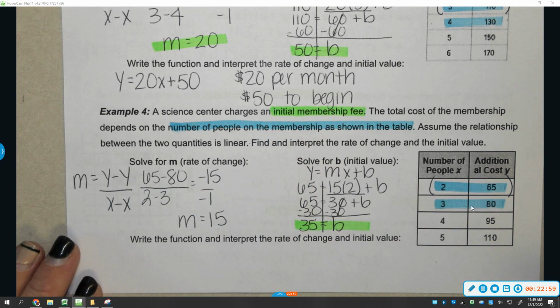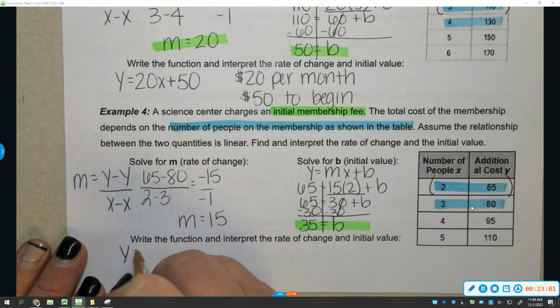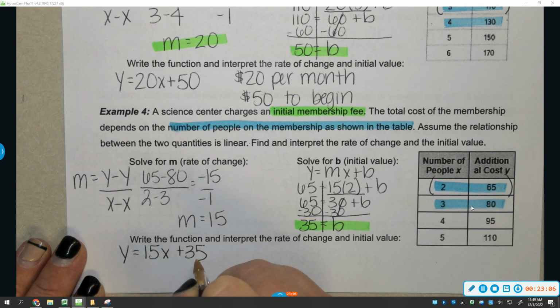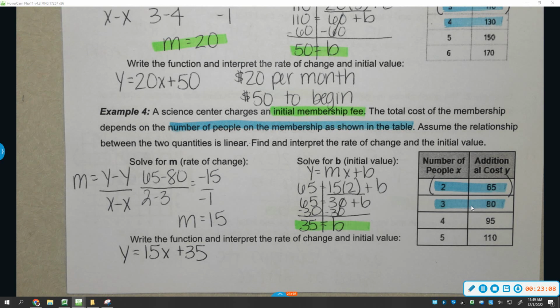So first of all, the function is y equals 15x plus 35. Do not skip that part on your homework tonight.